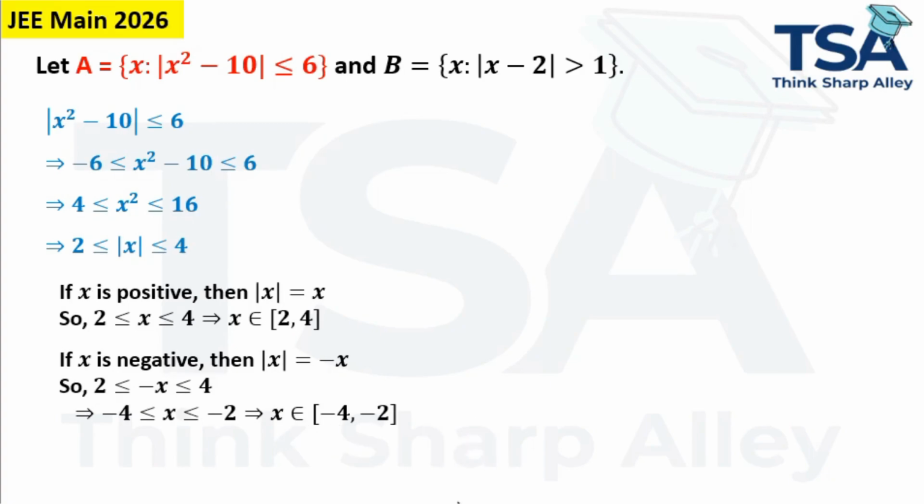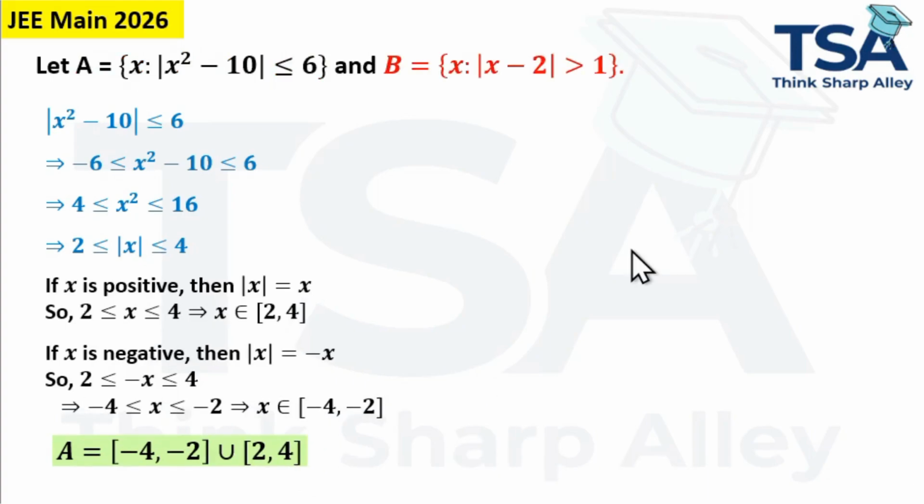Now combining these two, we get the complete set for A. Always double check your boundaries. Since we have less than or equal to, we use close brackets to show that -4, -2, 2 and 4 are all included in the set.